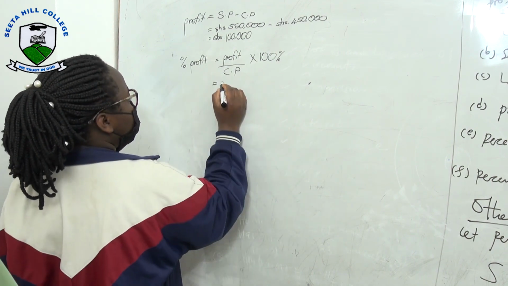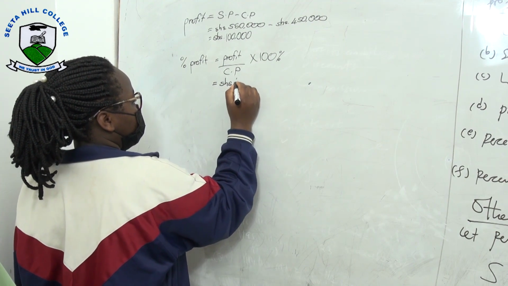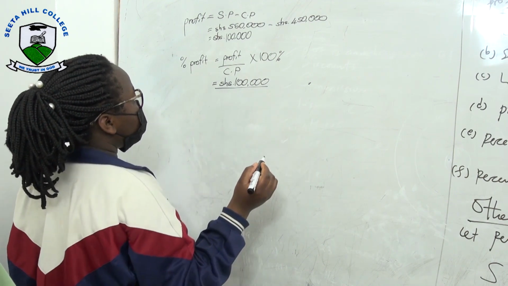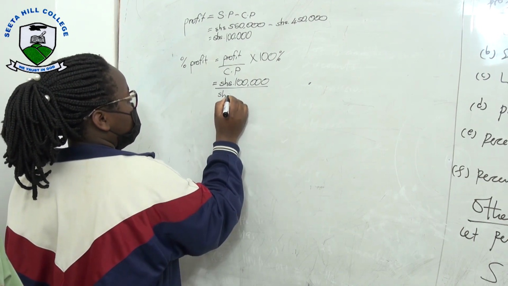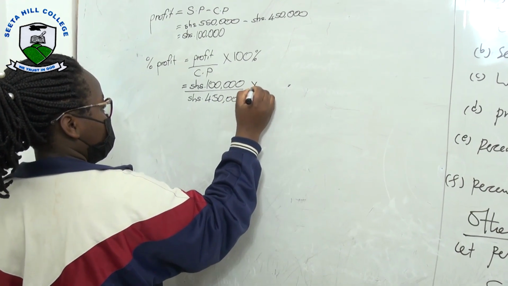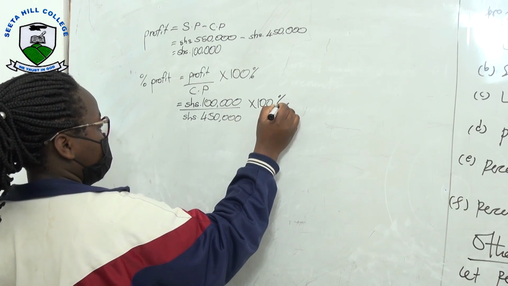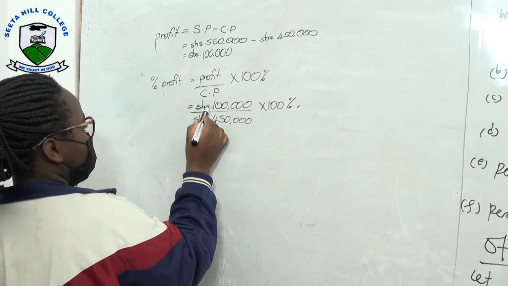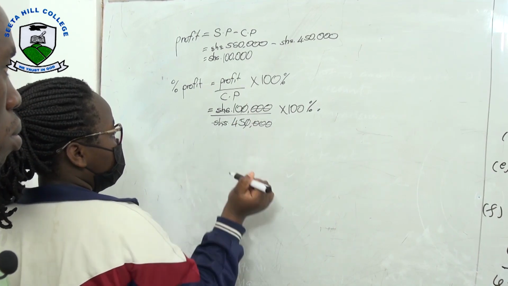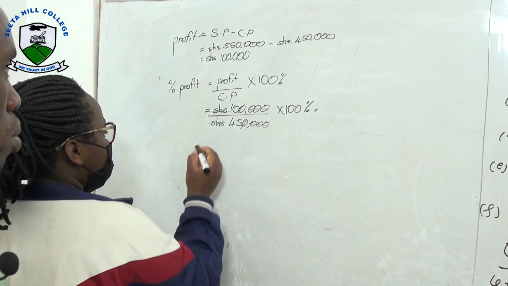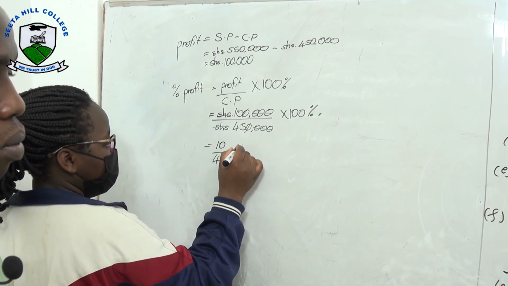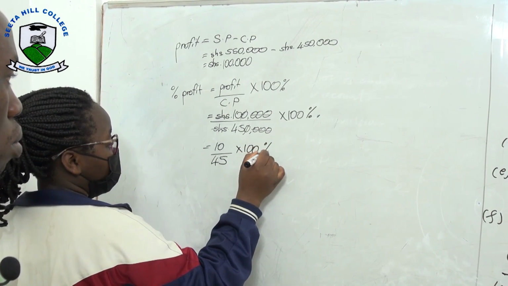The profit is 100,000 shillings, and then the cost price is 450,000 shillings times 100%. So the shillings can be cancelled, these 3 zeros, this 0 and this 0. So now we have 10 out of 45 times 100%.